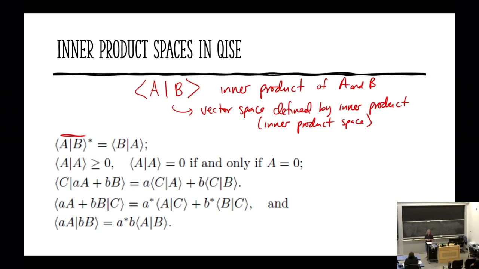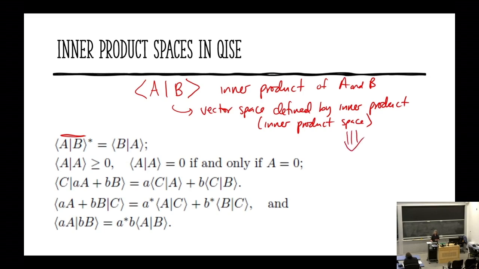And so when we talk about quantum mechanics and quantum information, you're going to hear the term Hilbert space a lot. And in finite dimensional complex vector spaces that come up in quantum information, a Hilbert space is exactly the same thing as an inner product space.